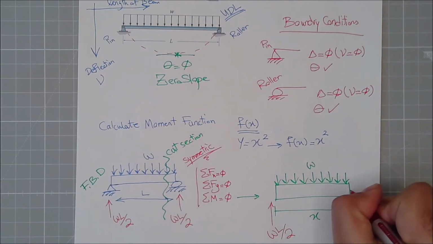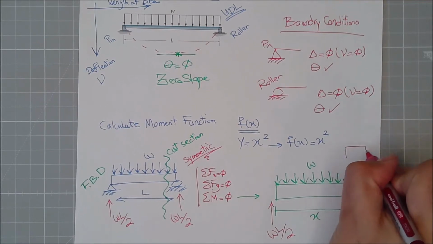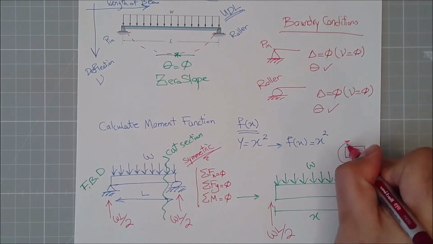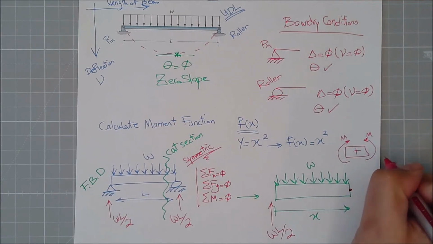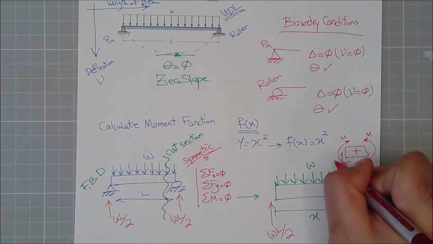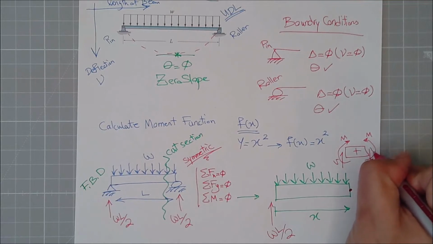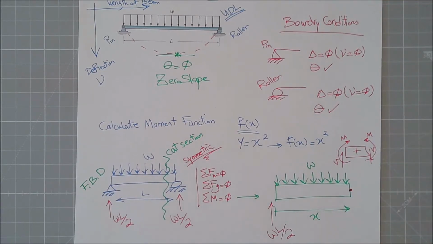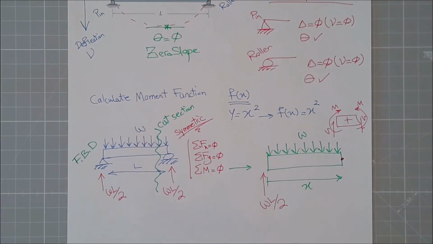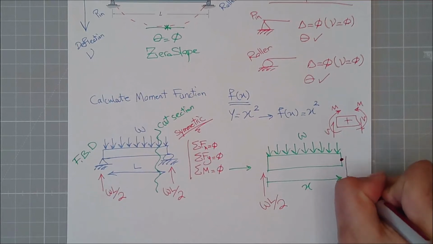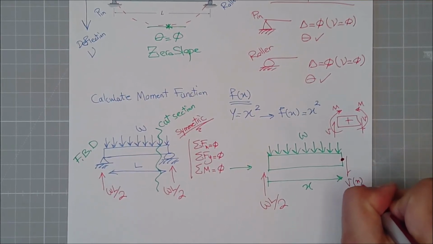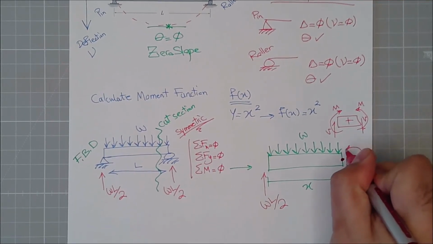I was saying that if this is the convention of positivity for moment, and then over here shear goes up and comes down, this was the standard that we were always following. Because I'm cutting on this side and looking at this side, I will draw the same here as well. There will be a function of shear, and there will be a function of moment.